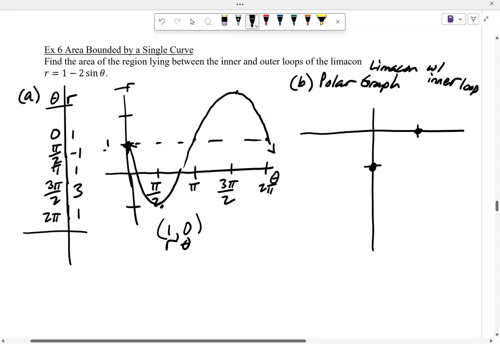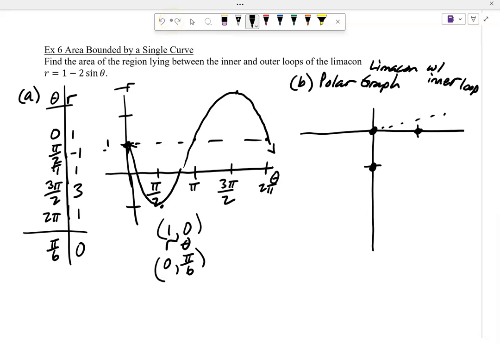You could do some between there, like maybe you want to throw in pi sixths, and you get 0. So r is 0 when theta is pi sixths, right? So theta being pi sixths, you're right there. All right, so you're kind of coming around. And you have an inner loop.